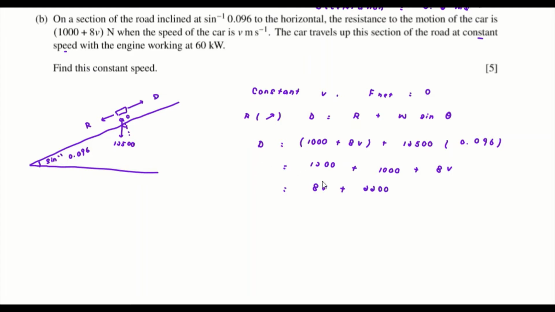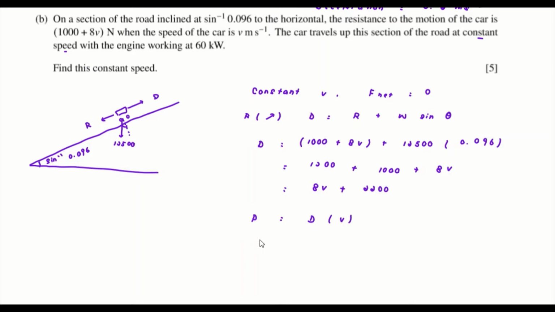After we get the driving force, now we can try to use the formula of power to help us. Because this is a constant speed as well, you can use the constant power equal to the driving force multiplied by the constant speed.